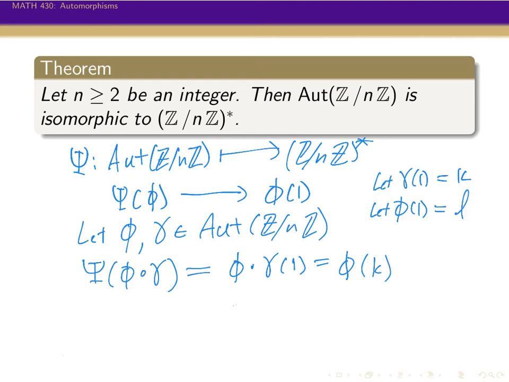Since phi of 1 is L, and k is 1 added to itself k times, this is going to be k times phi of 1, which is going to be k times L. And since k and L are both relatively prime to n, then this is relatively prime as well, so it is in Z mod nZ star.